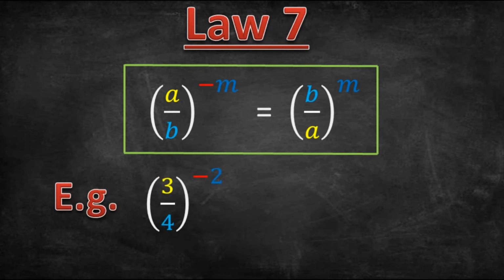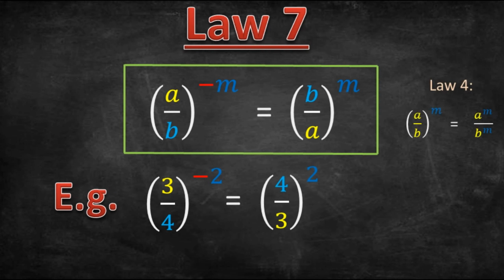3 over 4 to the negative 2. We can use law 7 and invert the fraction and the power becomes positive. So it's 4 over 3 to the positive 2. Now we can apply law 4 and apply the power to both the numerator and the denominator.